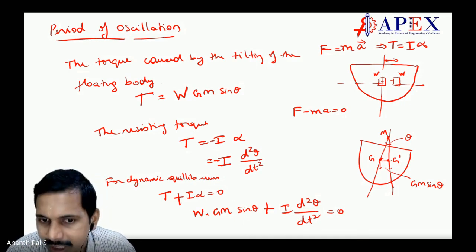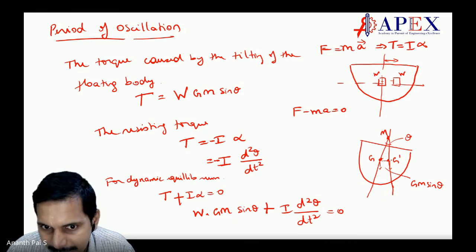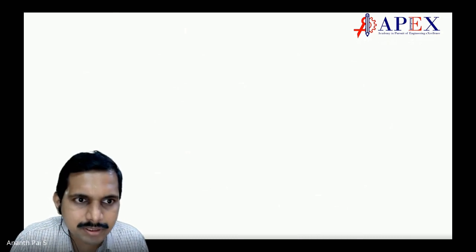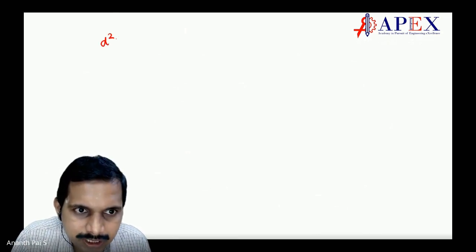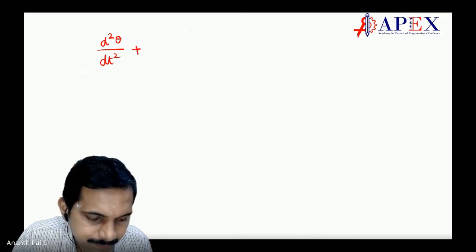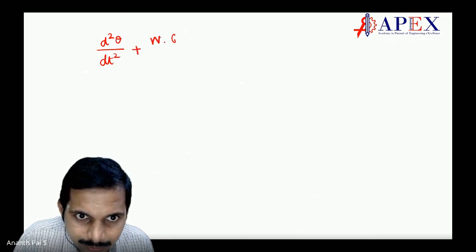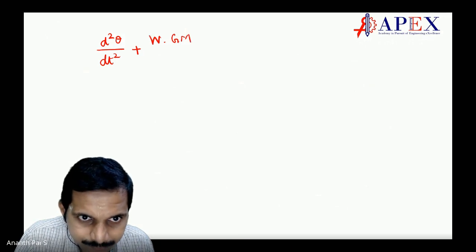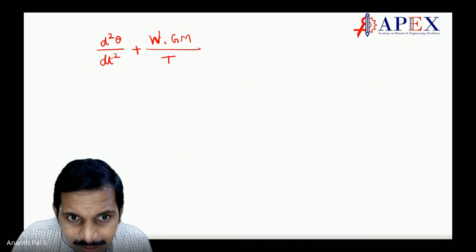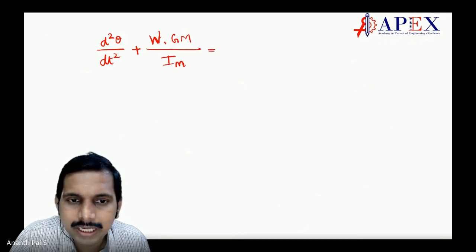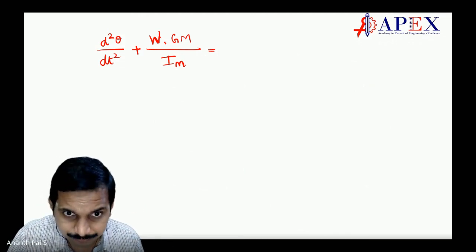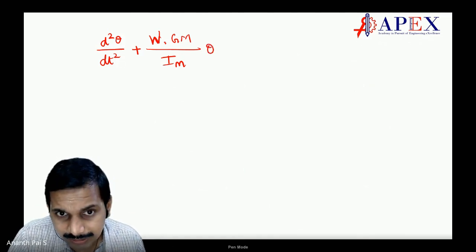We will give you some more examples where minus comes. We'll go to mechanics at the time. Now, what happens? I can write this as d square theta by dt square plus W into GM, where W is the weight of the whole ship, GM is the metacentric height, divided by IM, the mass moment of inertia, into theta is equal to 0.